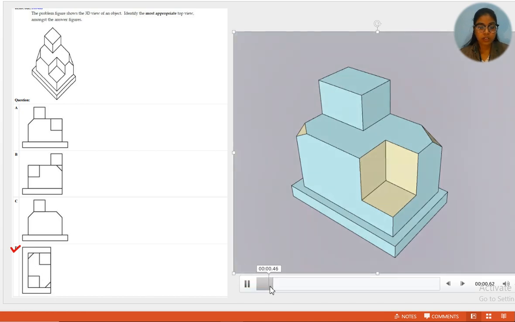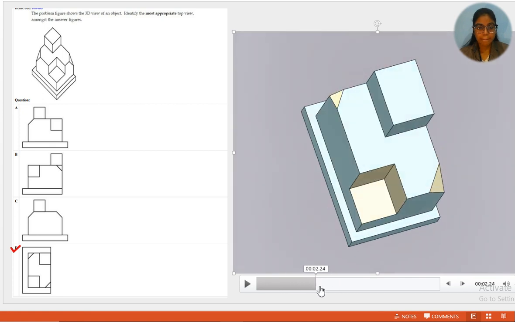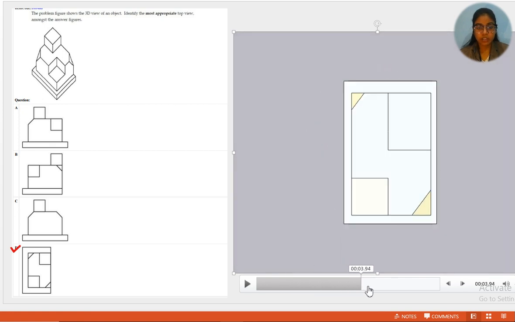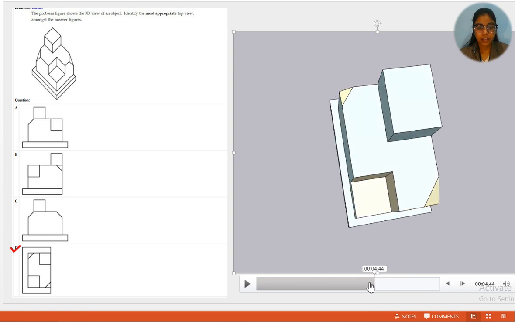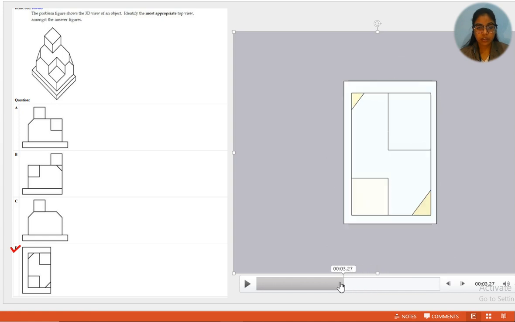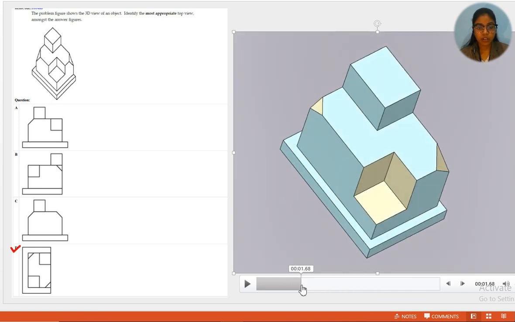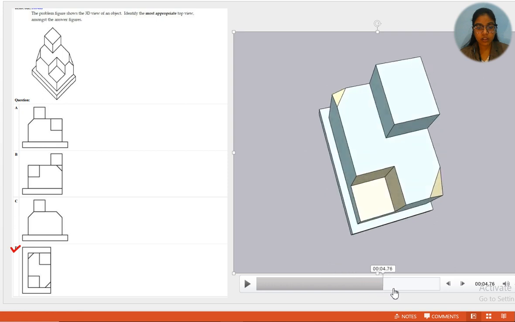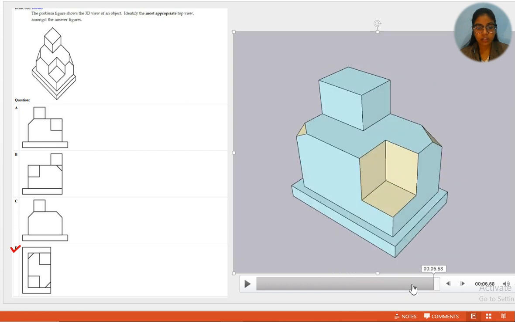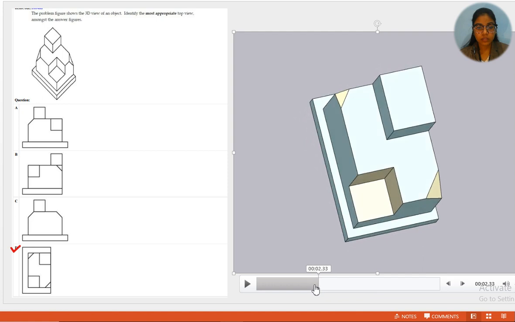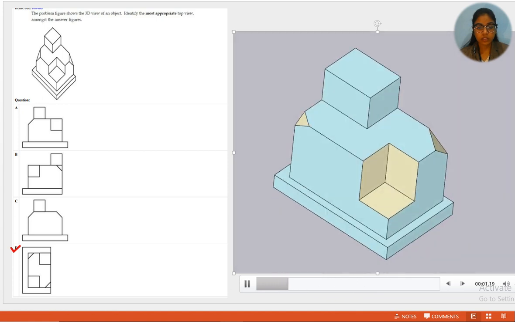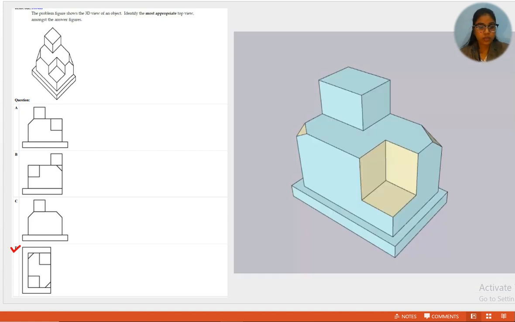Now look at this image. As you can see how it is getting transformed, you see both the square boxes in the corners and the chamfered corner triangular parts at the other two ends. Okay, so option D will be our right answer.